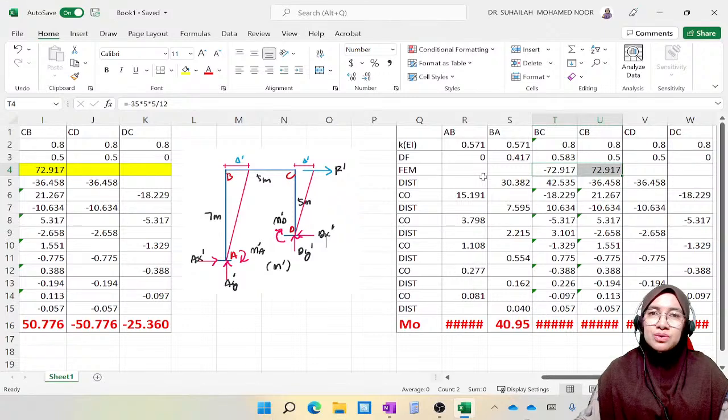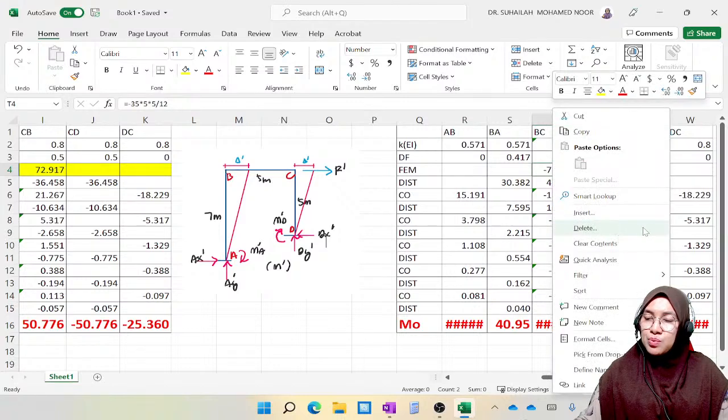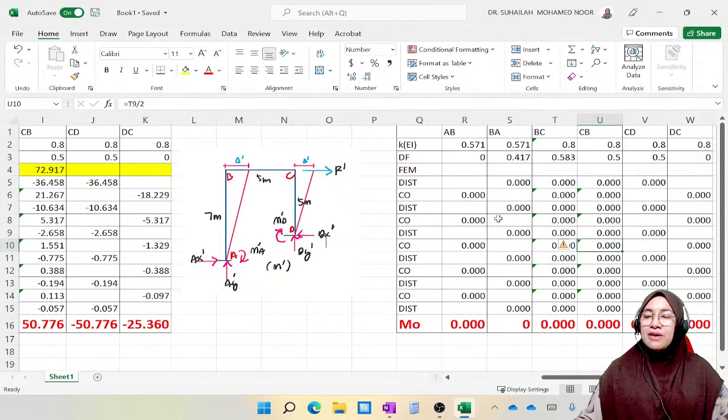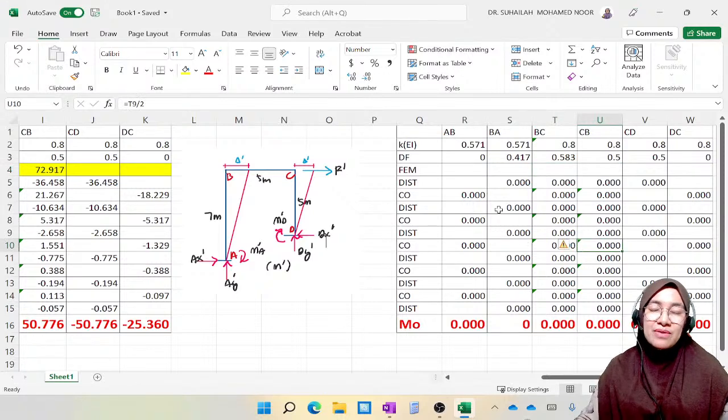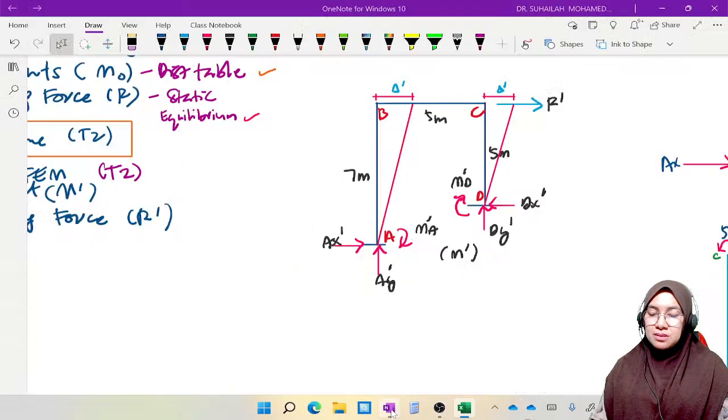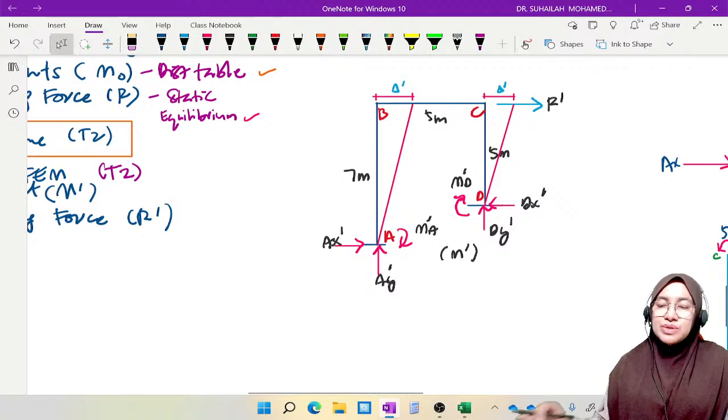We do not know the delta prime value either. So what we should do is assume FEM.